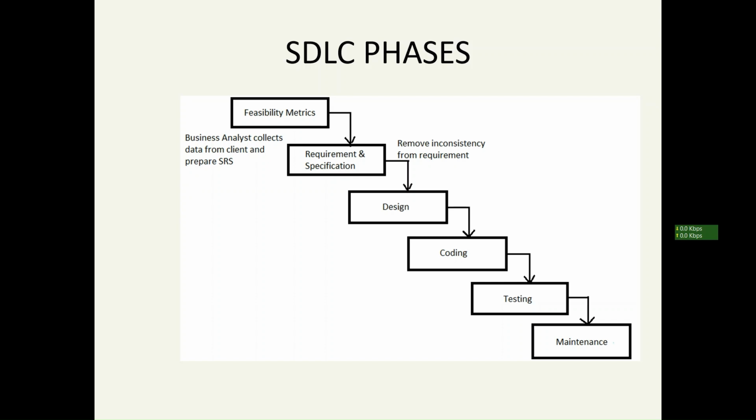Once the requirement is frozen, they'll go for design, then coding, and after coding, testing will be done, and after that, the last part is your maintenance. Maintenance means giving support to them, adding new features, and giving technical support. That is called your maintenance phase.